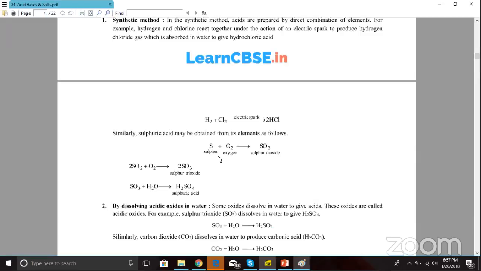We can remove the sulfur content from that and burn it in the presence of oxygen, and we will get sulfur dioxide. Then the sulfur dioxide, again reacting with O2, we get sulfur trioxide. Then the sulfur trioxide reacts with water, and we get sulfuric acid.